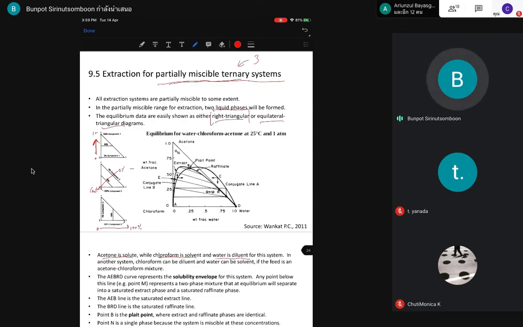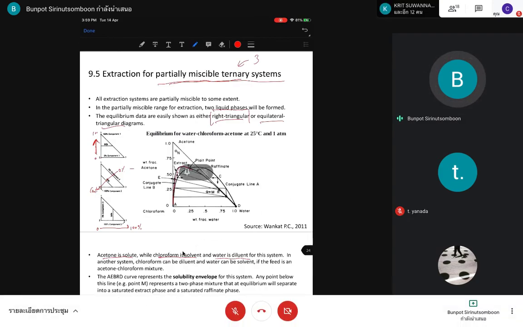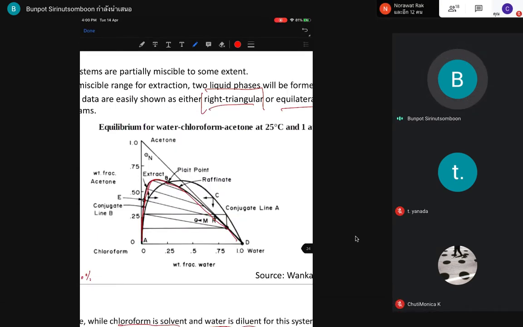So then from the equilibrium data, like from the equilibrium data table, you need to be able to draw this curve, something called the solubility envelope.